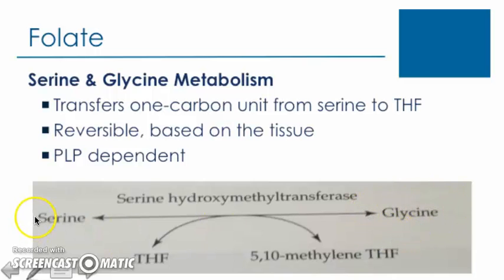For glycine to be converted to serine, the glycine will pick up the methyl group from the 5,10-methylene tetrahydrofolate to become serine, and then this will be demethylated to become THF.